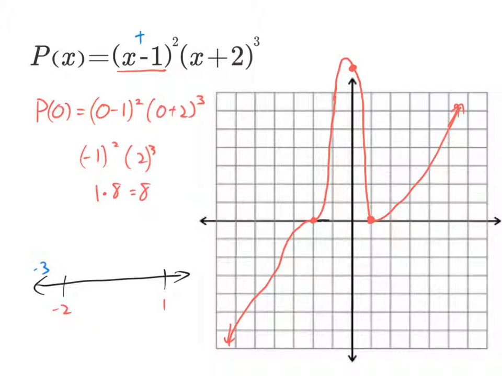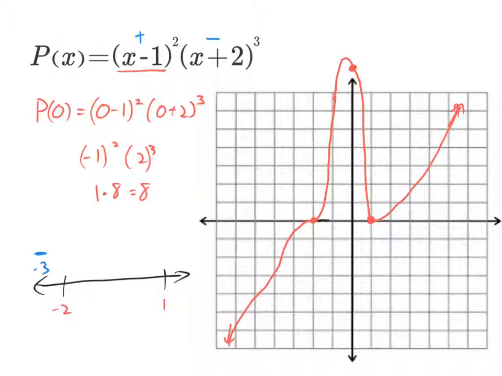And then I plug -3 into here. I get -3 plus 2, which is -1. -1 cubed is negative. So right here, a positive times a negative is negative. So over here, it's going to be negative, which means it's going to go below the x-axis.